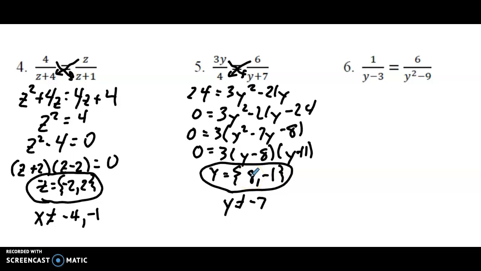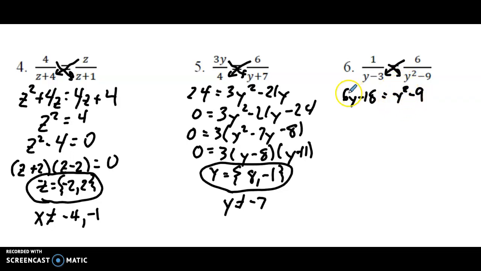All right, number 6. Again, we're going to do cross products. So I'm going to multiply, again, the means. And I'm going to get 6y minus 18 equals the extremes, y squared minus 9. I see again that we have a squared variable, so I need to factor.